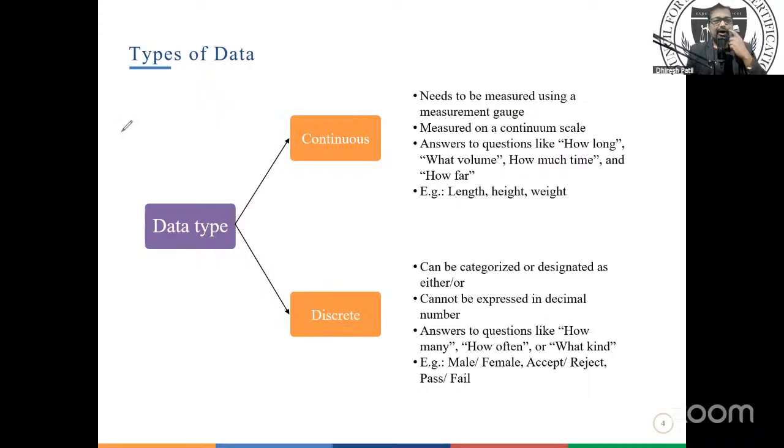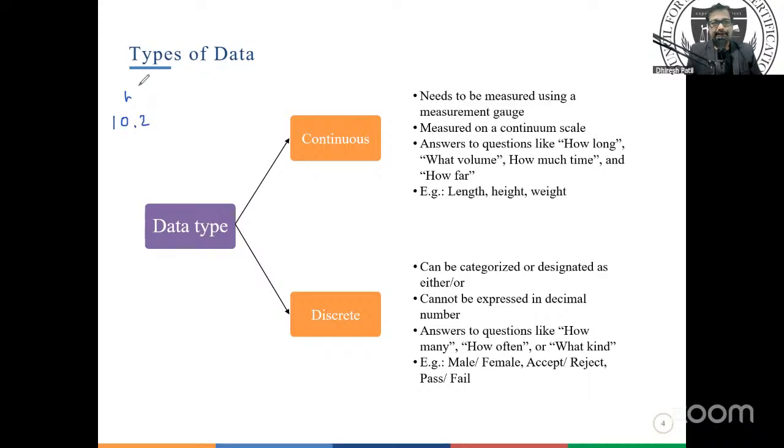Now let's say I have data from the same example of our chocolate weight. Let's say I am a quality inspector at a chocolate company. Our specification is 10 grams and above; only those chocolates I have to select. Below 10 grams I have to reject. So let's say the first chocolate I take, the weight is 10.2.